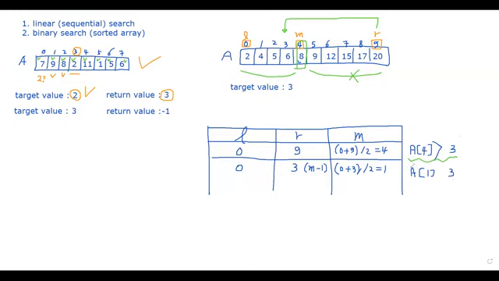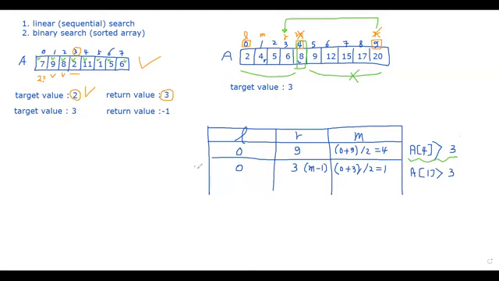Now look at this one. A1 is 4, right? Still, it is greater than the target value. So we should move. So let me write down, this was the new right, and this was the new middle.